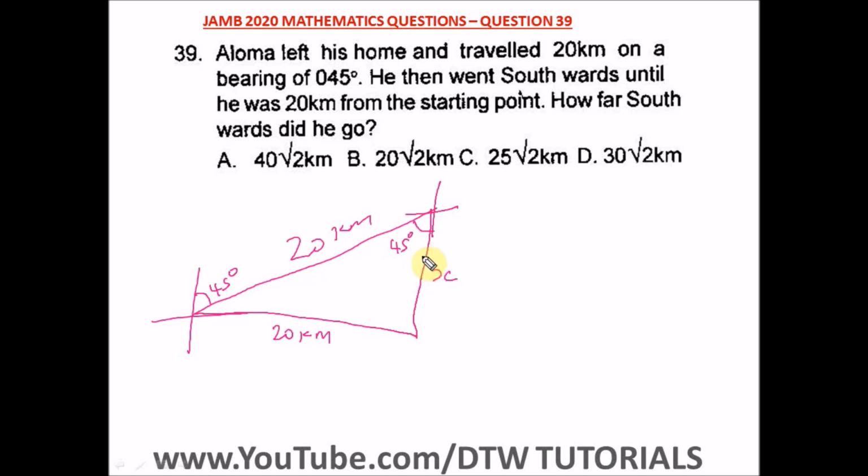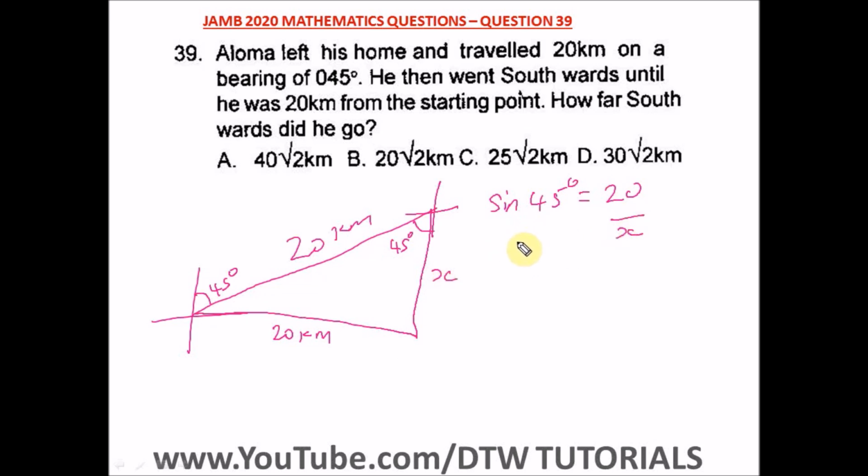We can solve this by finding the sine of 45 degrees, and remember that sine is opposite, which is this, over the hypotenuse, which is our x.